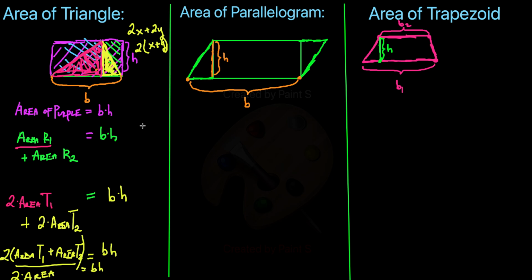I divide by 2, and I get that the area of the triangle A equals base times height divided by 2. It's important to see that I divided by 2 on both sides. When I divide by 2 on both sides, I get the area of the triangle that I want, which was this triangle that I'm outlining in yellow.